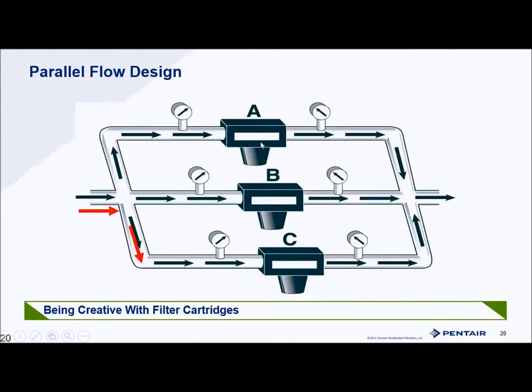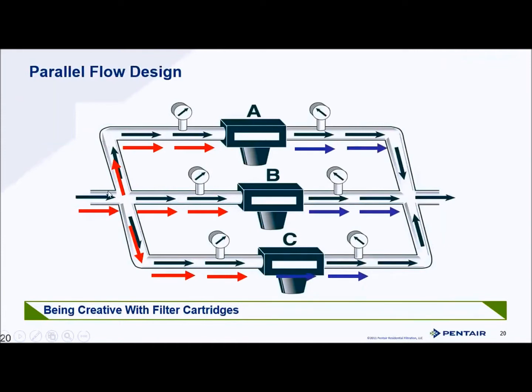you can have parallel flows designed. So if you need to get higher flows out of a specific type of cartridge to manage an issue, thinking hydrogen sulfide possibly in a residence, you could plumb things in parallel to solve your issues, where you have multiple flows parallel plumbed, evenly spaced apart to produce a larger flow.